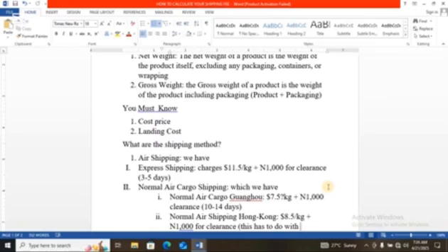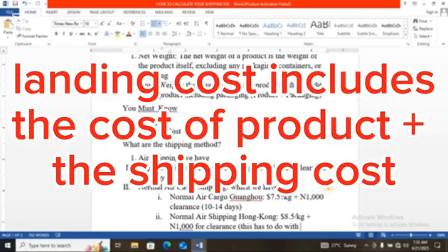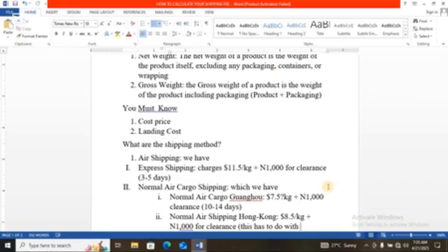Landing cost simply means that it includes the cost price plus the shipping, what it takes for that goods to reach your place. Sometimes I always tell people to also include your waybill. For instance, I stay in Abuja, I don't stay in Lagos, and the shipping company I use does not have a branch here in Abuja. So when the goods arrive in Lagos, they message me, this is my shipping fee.